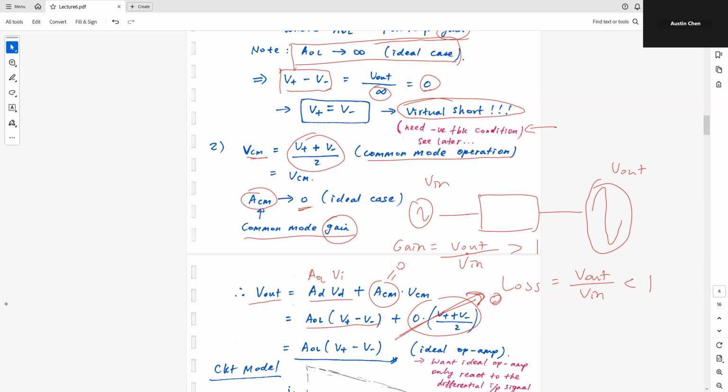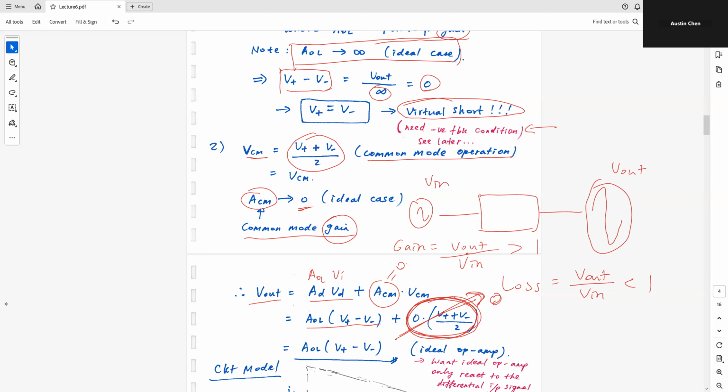Now, of course, in this course we're just treating this block as an ideal op amp, but in reality this block has to be designed correctly using transistors. Since we don't have perfect transistors, ACM is not always going to be equal to zero. Depending on the design, it can be some small number. If it is not equal to zero, then you will see some contribution due to the common mode operation.